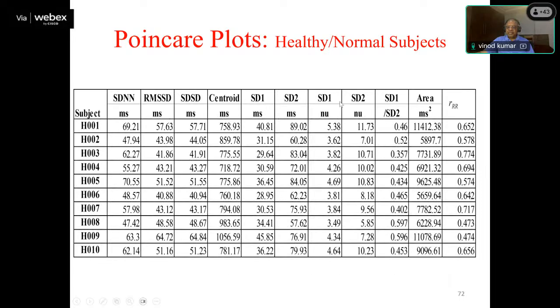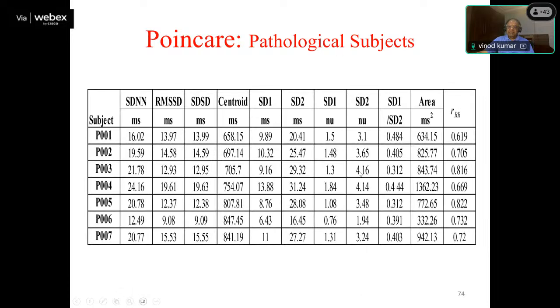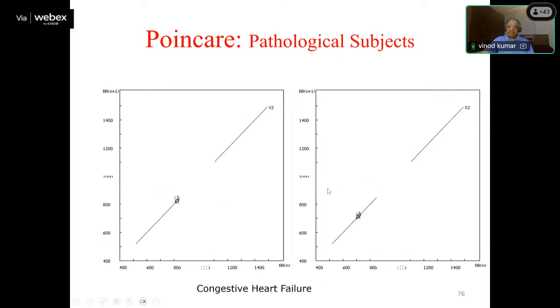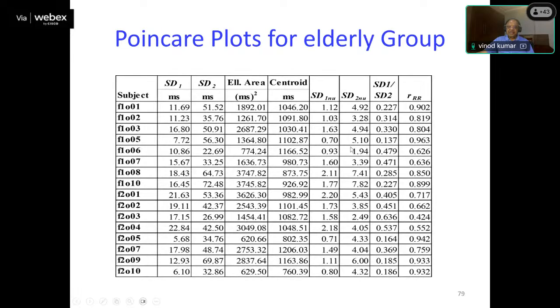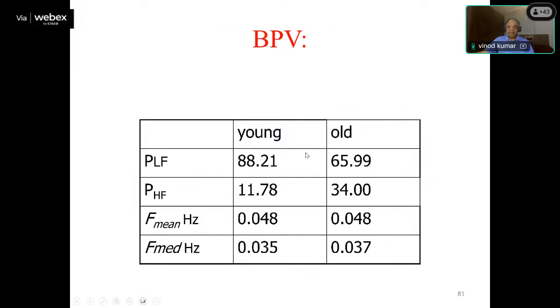But otherwise, we just measure SD1, SD2, SD. And under some disease cases, all the points will be very close to each other. It may not be in the form of a wide range. So for different pathological conditions, we can have different plots. For the younger group, this ratio will be different. And for various databases, we studied this.